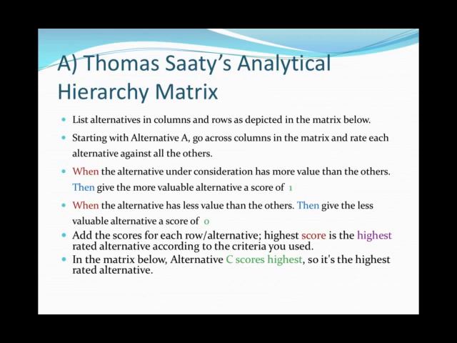If one alternative has more value than another alternative, then you give the more valuable one a score of 1. When the alternative has less value than another alternative, then you give that alternative a score of 0. And then you add the score for each row, and the highest score is the highest rated alternative.